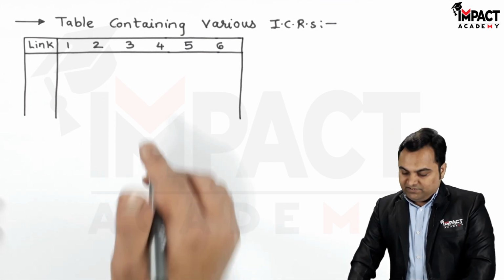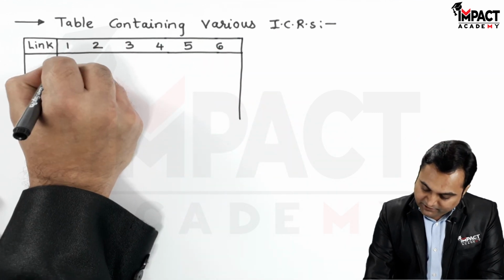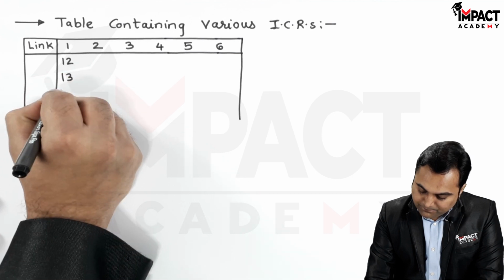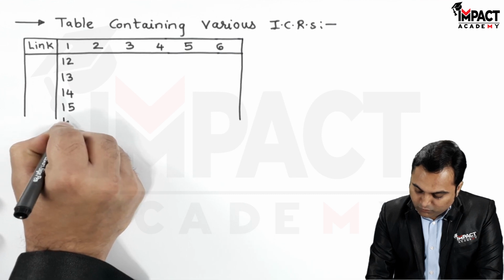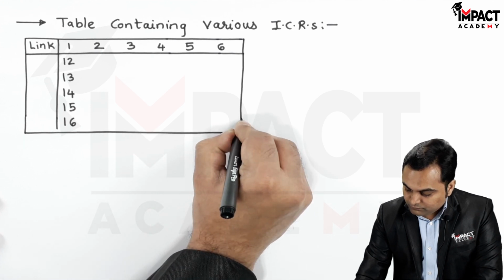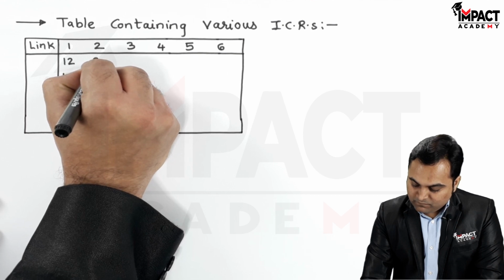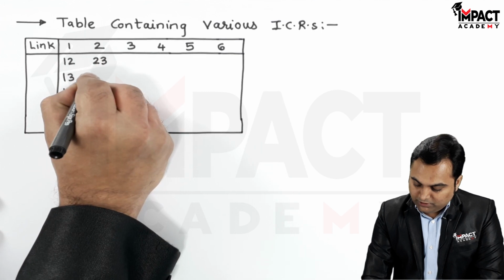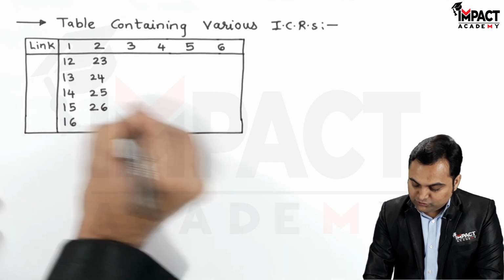Now how to get the ICRs? Link 1 forms the combination with all the remaining links, like 1 2, 1 3, 1 4, 1 5 and 1 6. Similarly for link 2nd, with the other forward links we can say: 2 3, 2 4, 2 5 and 2 6.